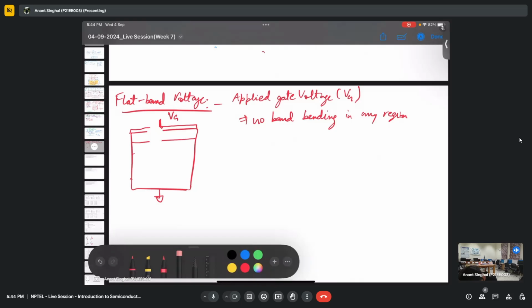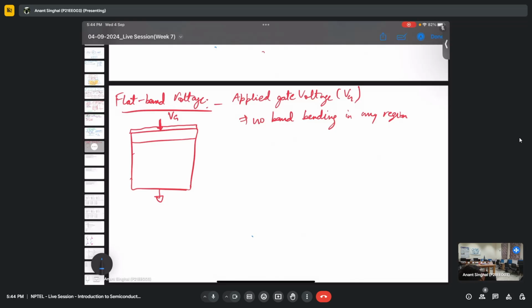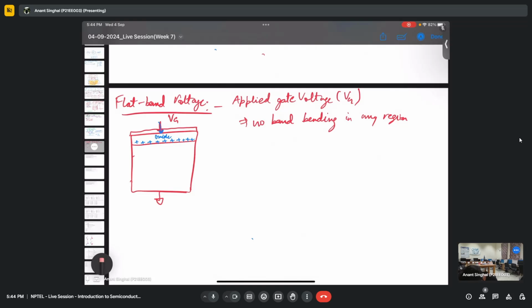Let's say we have some charges trapped in the oxide. Due to some defects, we do have some charges trapped in the oxide. So this is the oxide block, this is the metal block, and this is the gate voltage that I have applied. And again, for the whole understanding I'm taking a p-type semiconductor substrate, and this is ground.